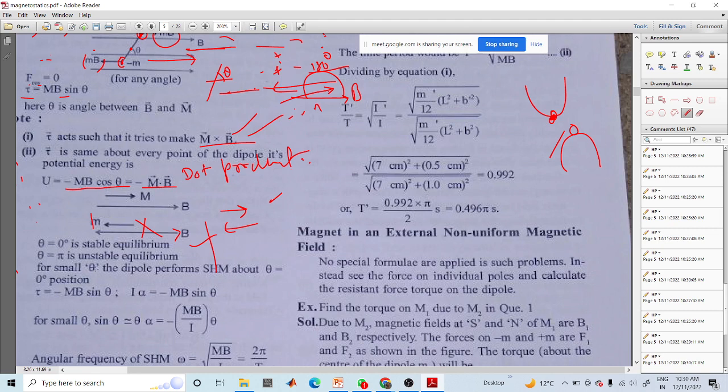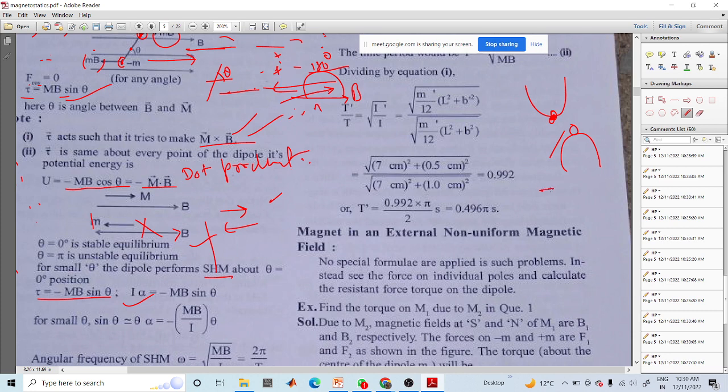Okay, so for a small theta, if theta is small, then it will go for SHM, right? So it is a condition of SHM that theta should be small. So here torque is this one, we know from here, right? Torque is equal to minus mB sin theta. So here torque is I alpha, we know from rotational mechanics, right?